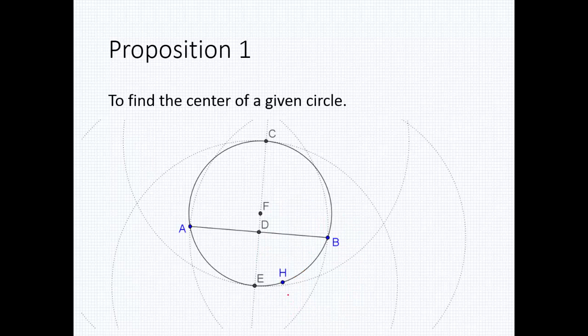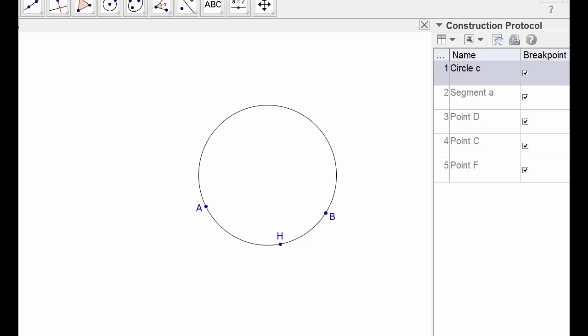Proposition 1 is a construction proof. It shows how to find the center of a given circle. That is, if you already have a circle and you don't have any indication of what the center is, there's a pretty clever way to find it. Here is an example implementation of Book 3, Proposition 1. We have a circle, but we don't know where the center is.